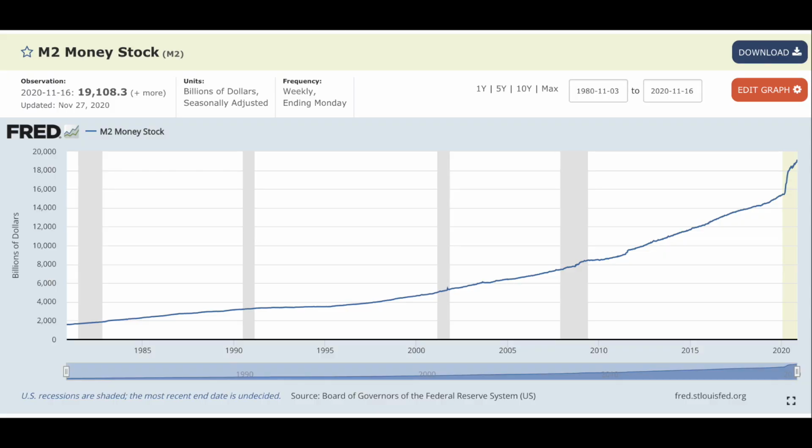It doesn't seem that bad in this graph, but when you actually run the numbers, we can see here that it is 19 trillion now, M2 money stock. And before, in January of this year, before the Rona, it was 15.3 trillion. So that's a ratio of 1.25. So essentially 25% of all US dollars were created in 2020.